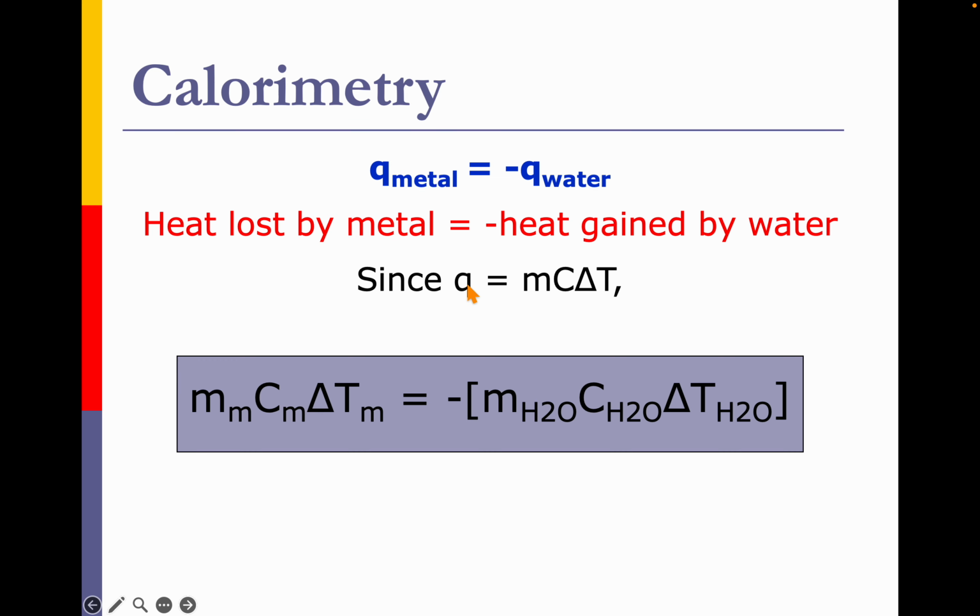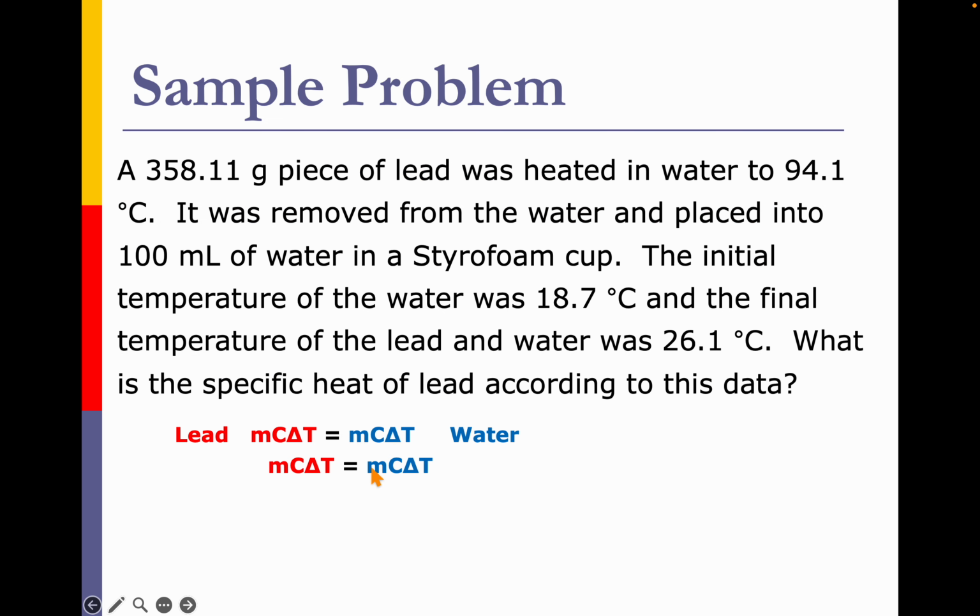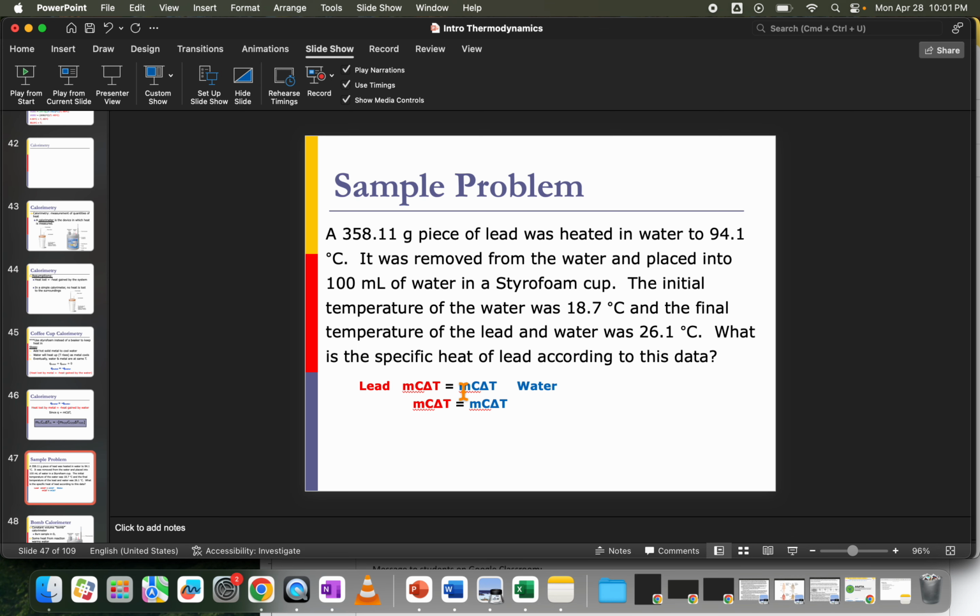Our energy equals the mass times the specific heat times the change in T. So basically we can say the MC change in T for the metal equals the negative MC change in T for the water. Oops. Okay, let me get my negative sign in here. It's not colored, but you'll be okay.